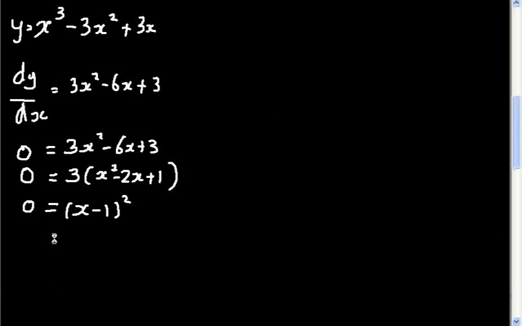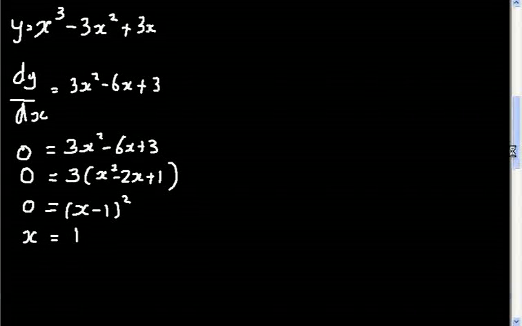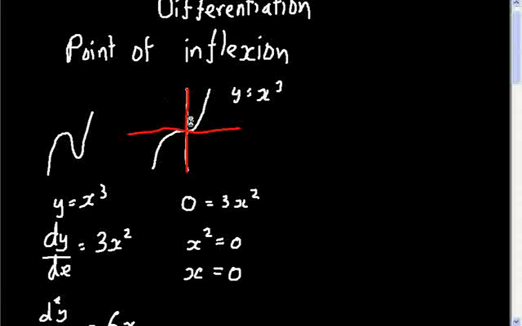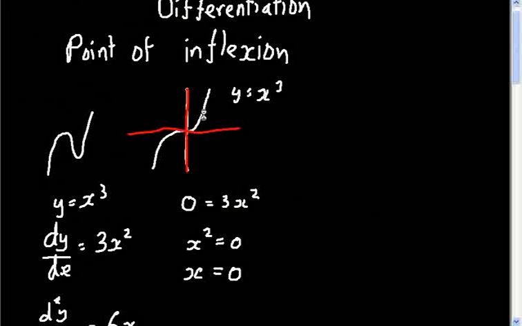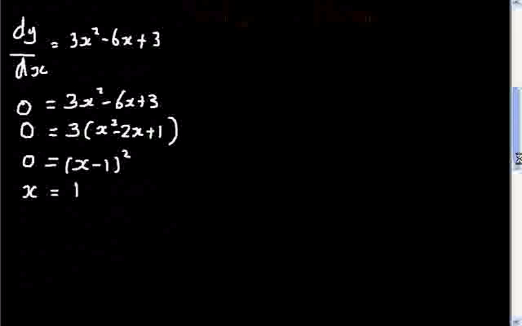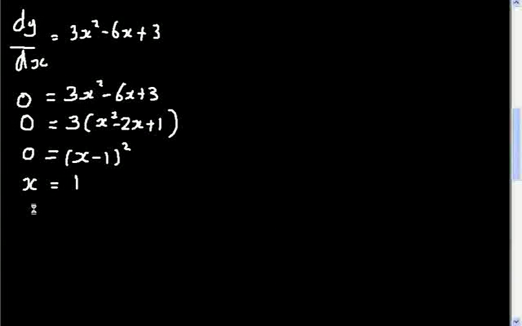Now even though we had a quadratic for our first differential, we don't have two values of x as our results. We just have one value of x as our result. X is equal to 1. So that gives us an indication that the graph actually looks like this and not like this. Because only a cubic graph that looks like this could have one stationary point. Whereas a cubic graph that has two stationary points, you would expect it to look like this.